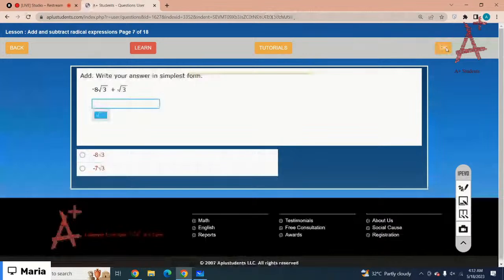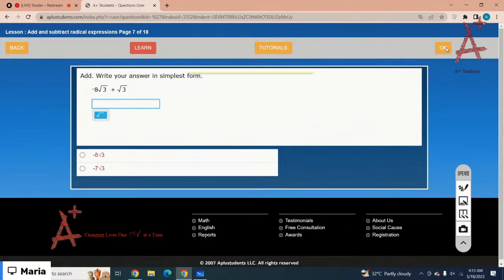Negative 8 square root 3 plus square root 3. So which is the correct option? Yes, negative 8 plus 1 is negative 7.